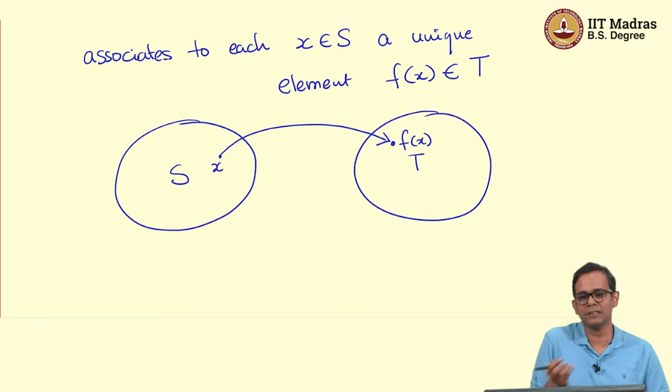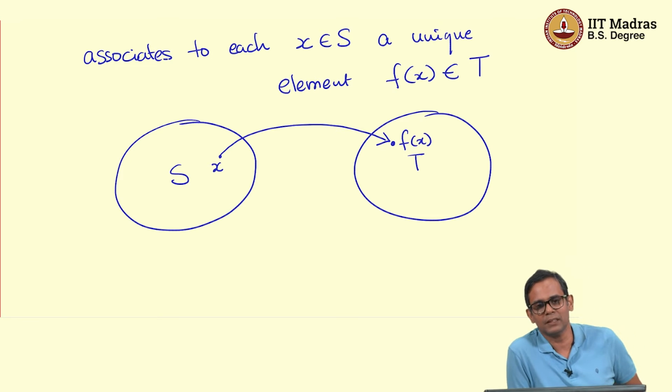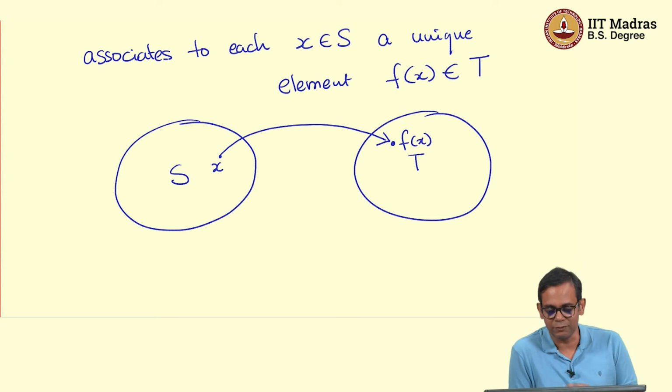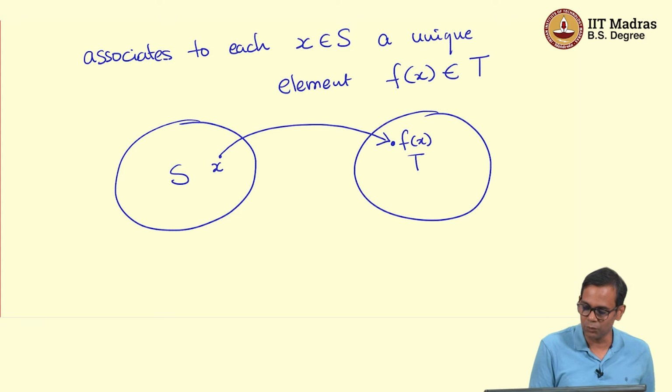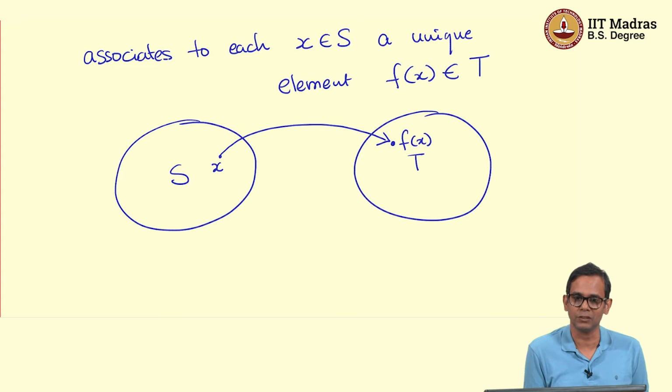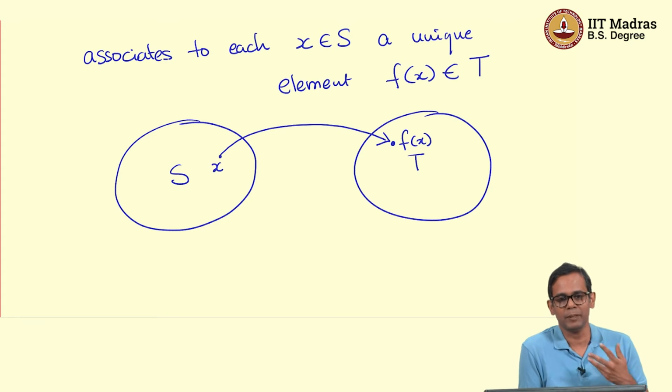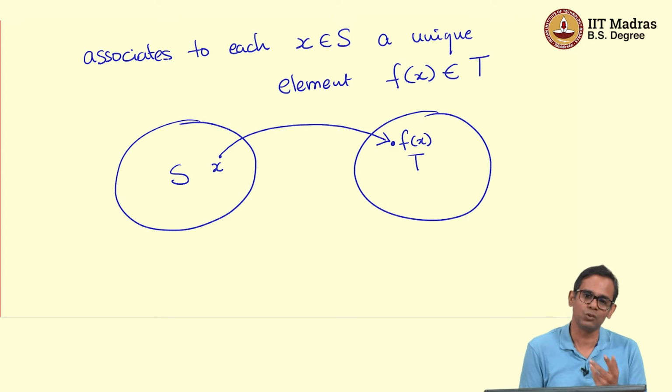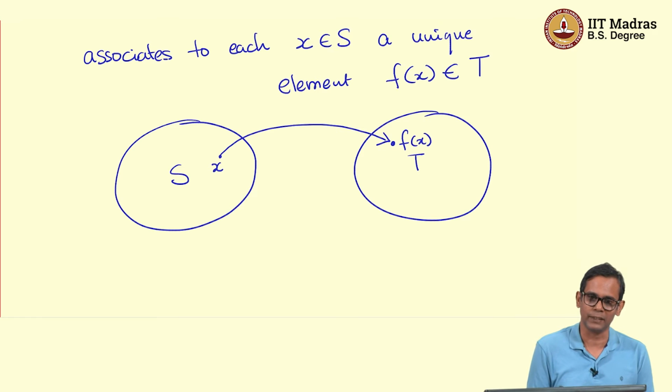In physics we come across a lot of functions when we try to study physical systems. We often study functions of time. For example, you may be studying the motion of a projectile, and what you are interested in is the x coordinate and the y coordinate of the projectile at any given point of time.